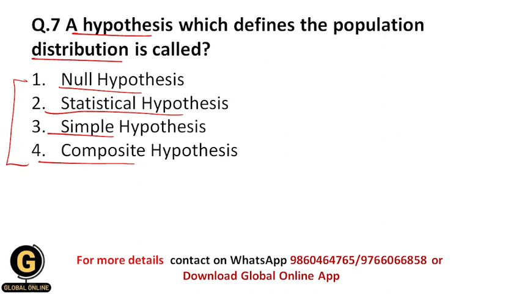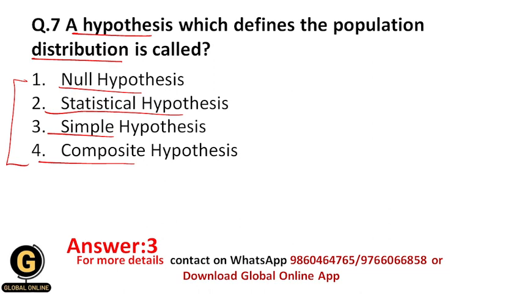So obviously it is called the simple hypothesis. Simple hypothesis only defines the population distribution. For example, if there is an existing relationship between the variables, then simple hypothesis only defines the relationship between the variables. That's it, and that's why it is called the simple hypothesis, because it's very simple.